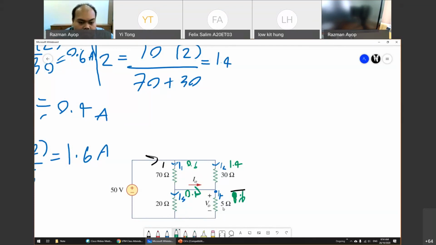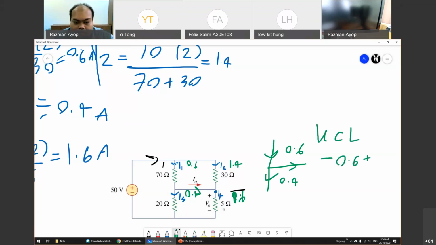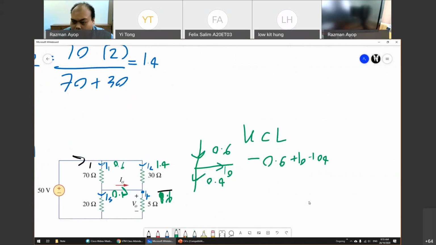Okay. So you use Kirchhoff's current law. So 0.6, this one is 0.4. So what is the current here? Kirchhoff's current law, you get negative 0.6 plus I out plus 0.4 equals to 0.